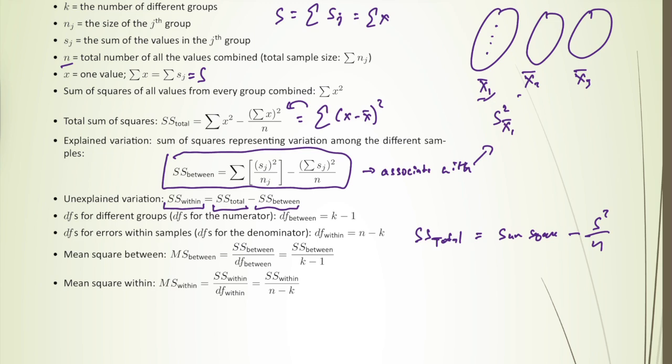That's not so bad. Let's do SS between. SS between, you need the sum of these guys. It's J squared over N_J, and then minus S squared over N again.